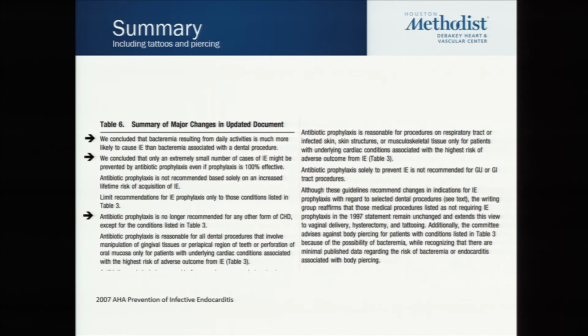And the conditions associated with congenital heart disease are pretty restrictive as to who we still recommend antibiotic prophylaxis for. The only other thing here, which I found interesting, was that there's not really a whole lot of data on antibiotic prophylaxis for tattooing or body piercing, which was interesting to me because it's probably very low risk also.